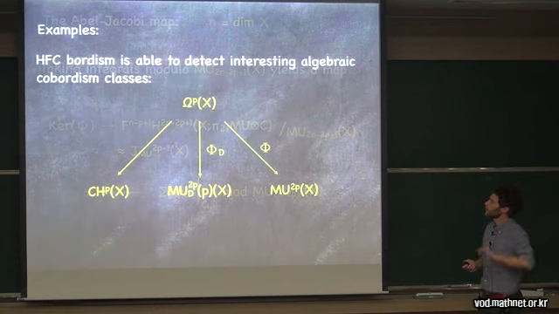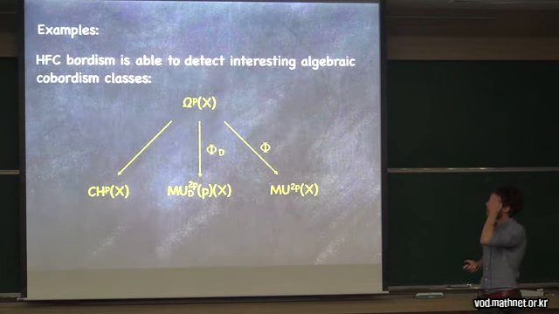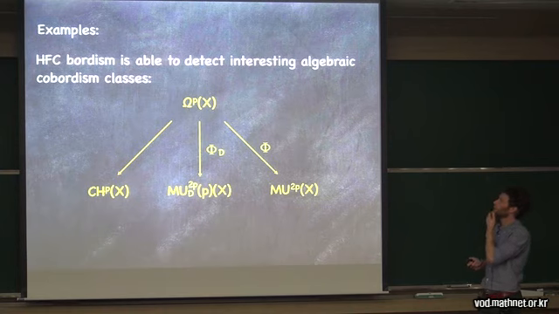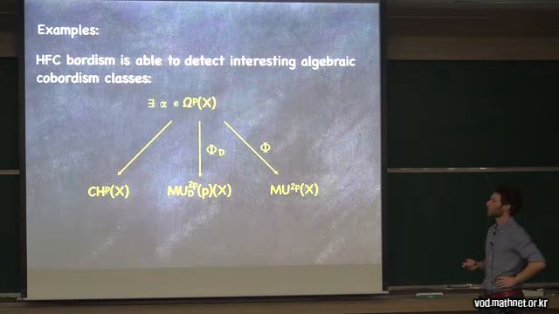Now, what can we say about this map? We can actually produce examples which show that this Abel-Jacobi map is able to detect at least some interesting cobordism classes. We can produce an alpha, there are different ways of producing alpha, such that they're mapped to 0 in the Chow group.